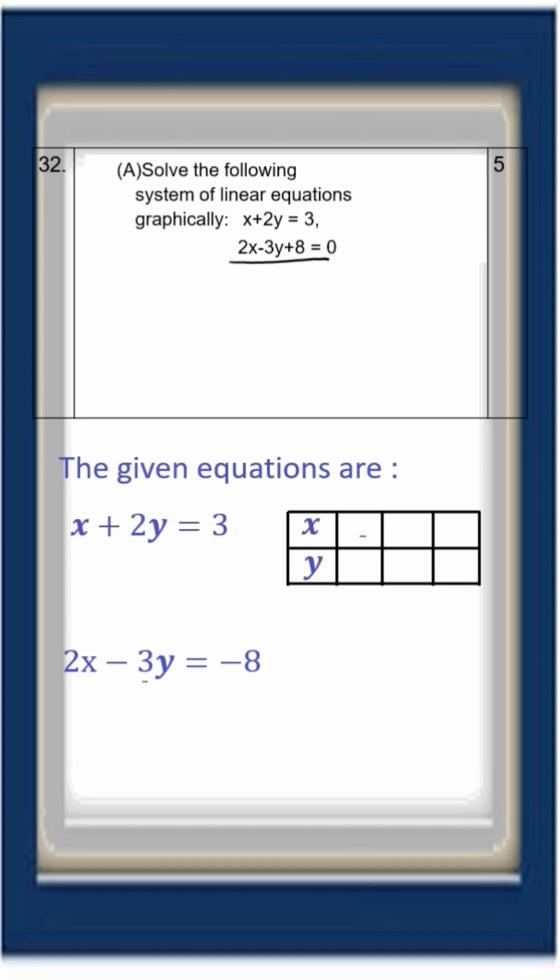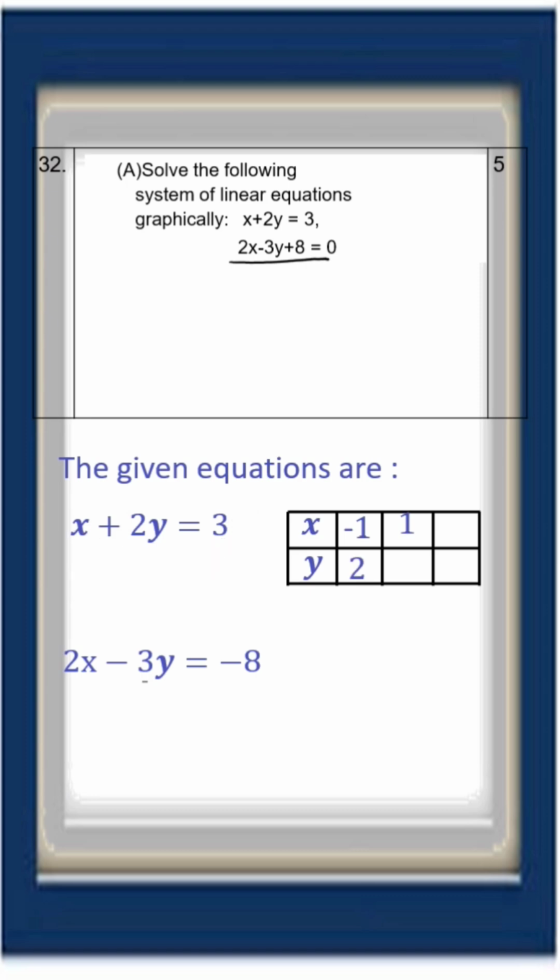for x and y. Let us choose the values such that we should get the values of y in whole numbers, not in fractions. So if x is minus 1, if we transpose this to this side, 3 plus 1, 4, 2y is equal to 4, y is equal to 2.